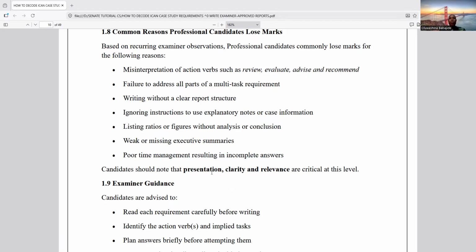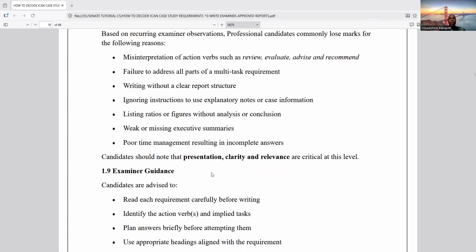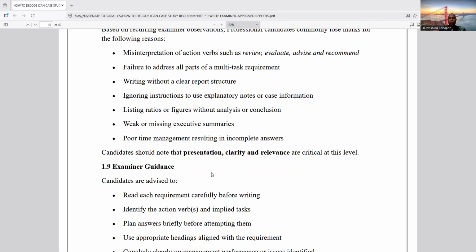So make sure you have good handwriting, and make sure everything is relevant. At this level, you don't just write anyhow and expect marks. Some students fail because they are just writing, and the person marking cannot see what they are marking.